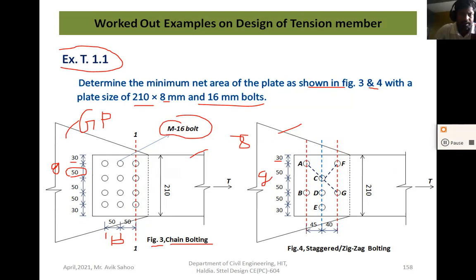You see that due to the presence of holes, the cross-sectional area of the plate is reduced, so you have to find out the net area of the plate.